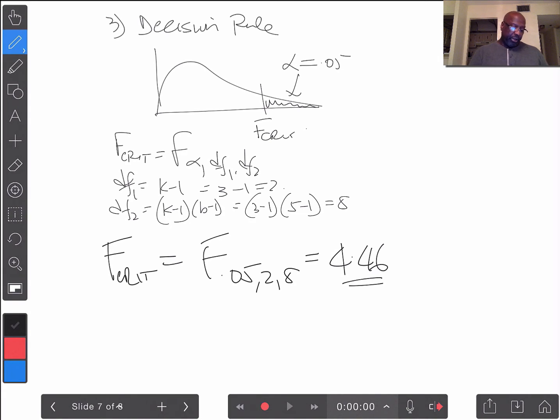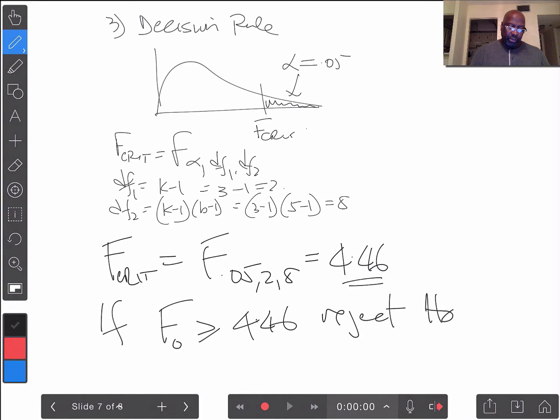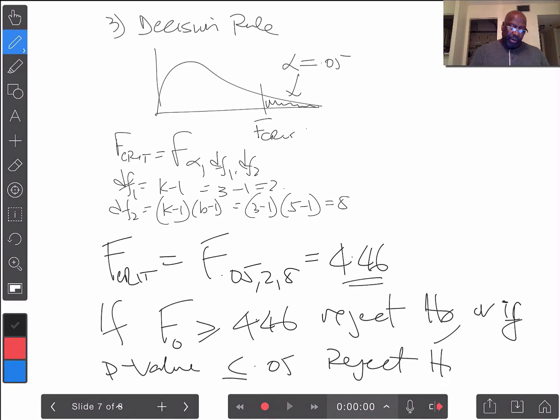Okay, so if F observed is greater than or equal to 4.46, reject H0. Or if the p-value is less than or equal to 0.05, we will reject the null hypothesis. All right, so that's our decision rule.